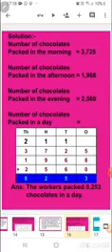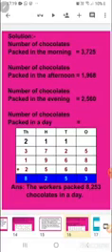Then number of chocolates packed in the afternoon equal to 1,968, and number of chocolates packed in the evening equal to 2,560. Children, all the statements we have got from our question itself.